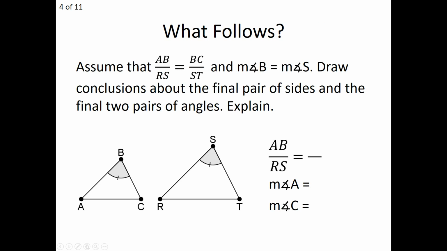So again, think about what this means when we find two triangles to be similar. There's an immediate follow-up to that. What we know to be true about these two triangles below is that if we assume that AB in ratio to RS is equal to BC in ratio to ST, and the two angles that are included are equal, then yes, we know these two triangles are similar.